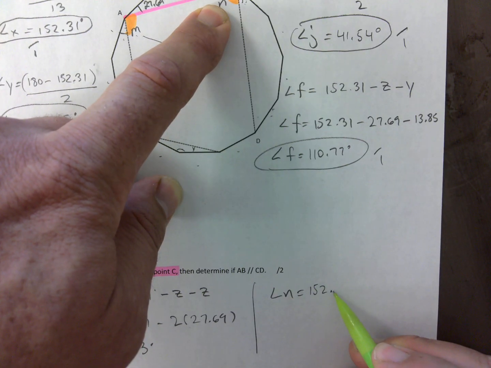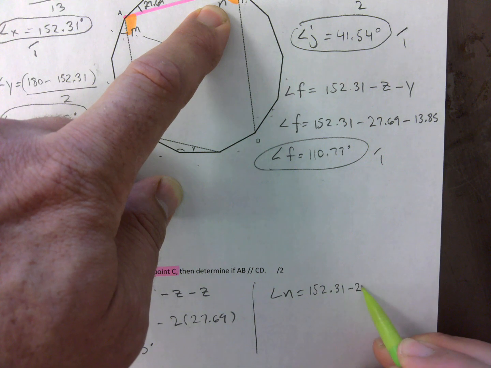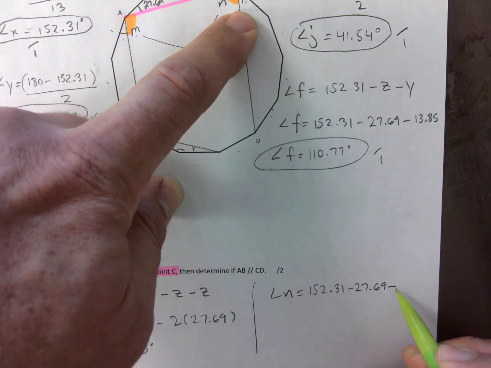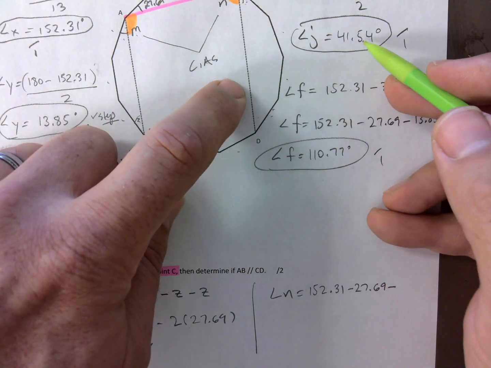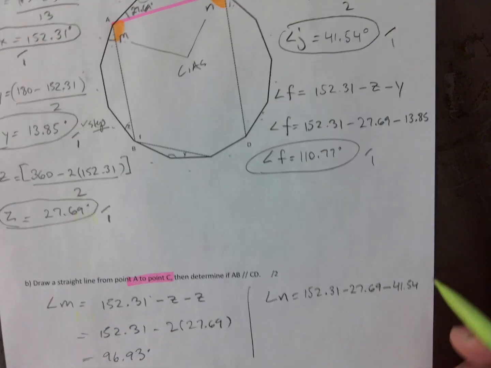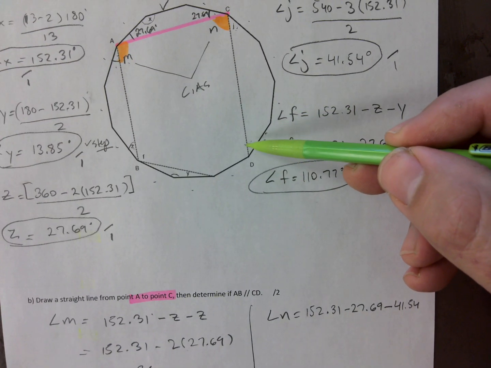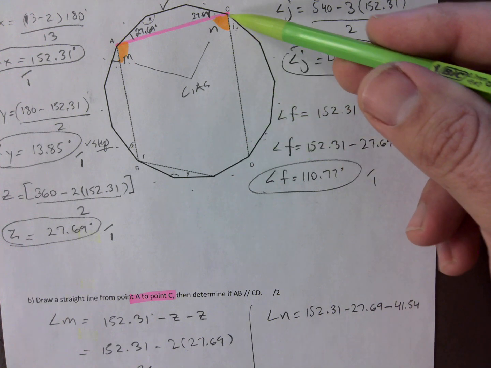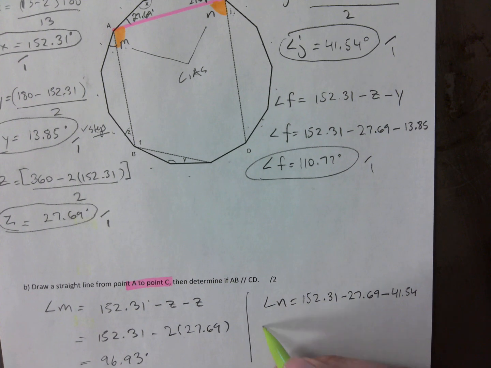So 152.31 minus 27.69 minus J, which I know J is 41.54. Because I found J already earlier, so I'm subtracting those two from the interior angle. Angle N is 83.08.